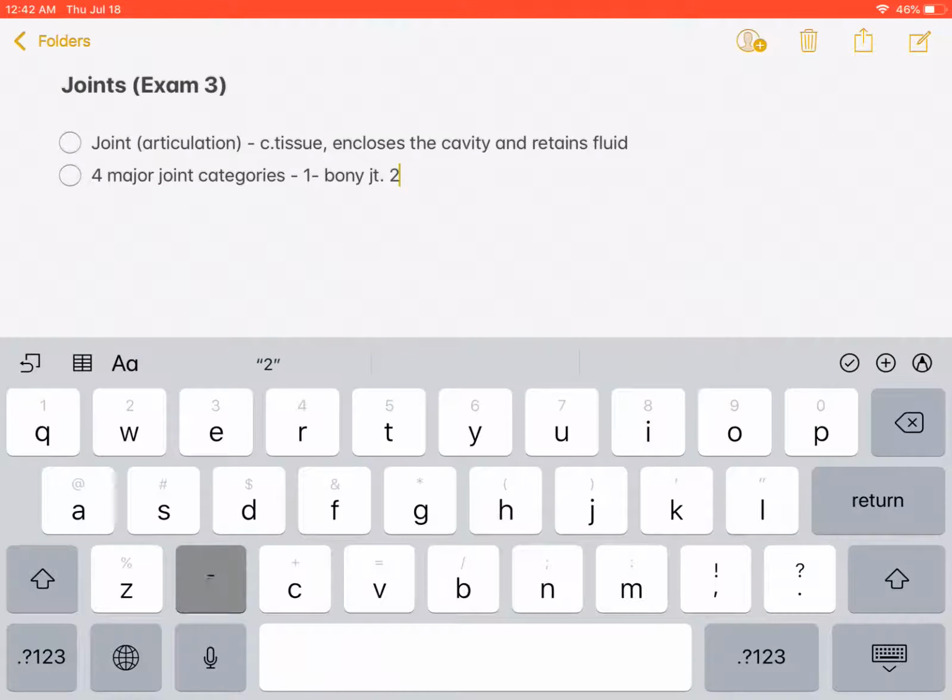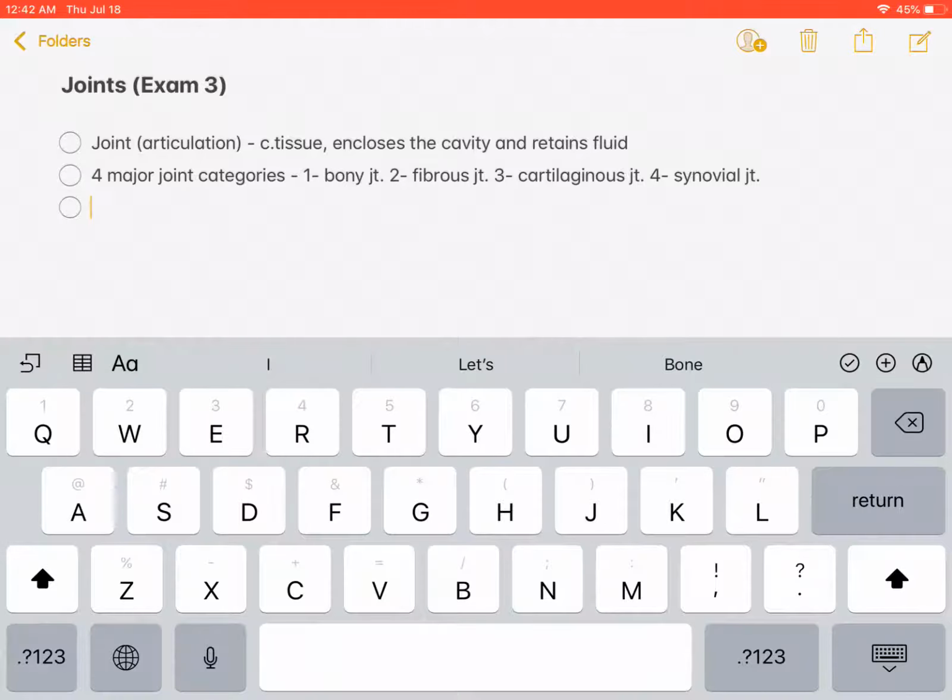Number 2, fibrous joint. Number 3, cartilaginous joint. Number 4, we have synovial joints.